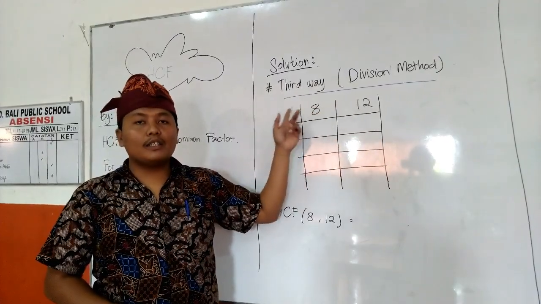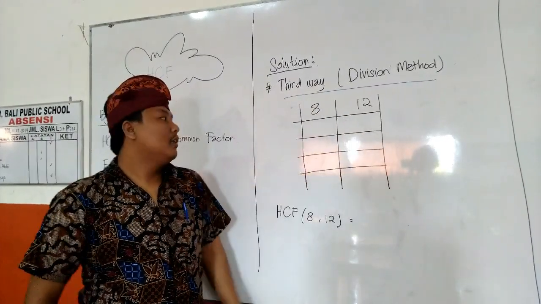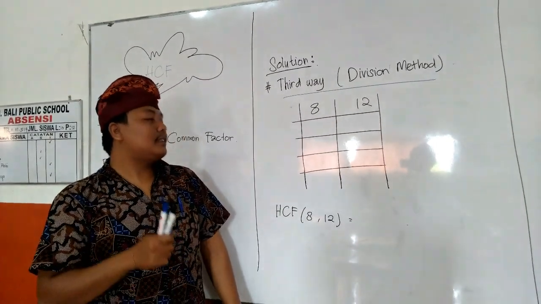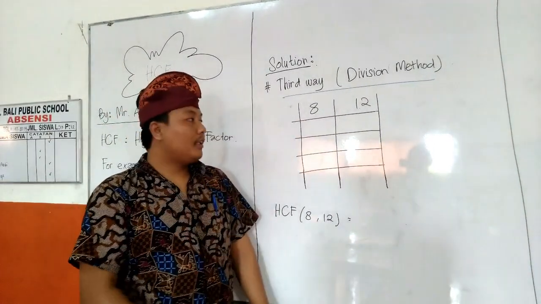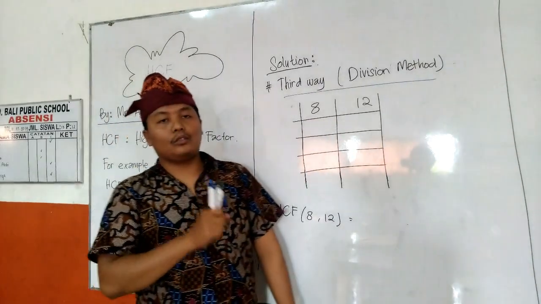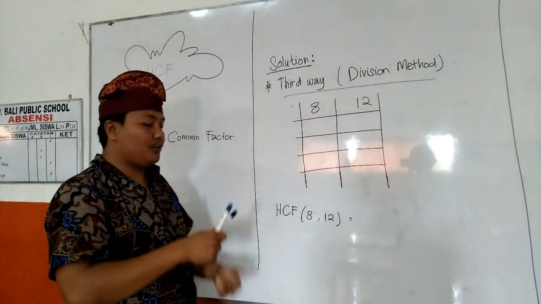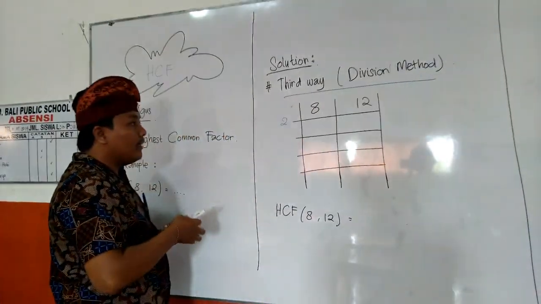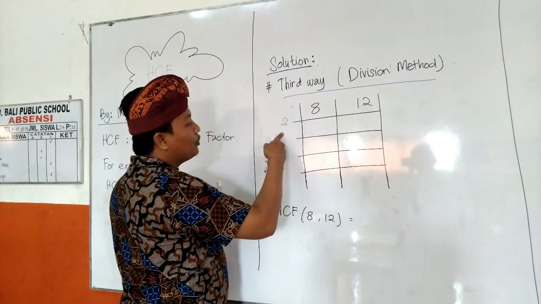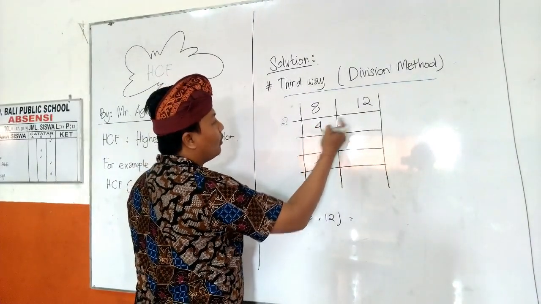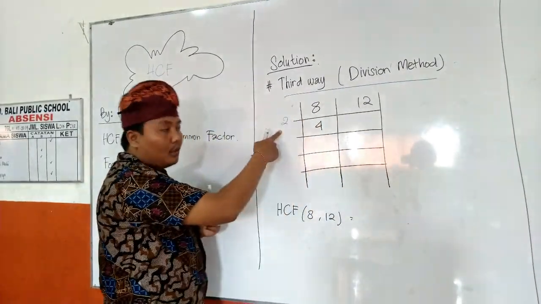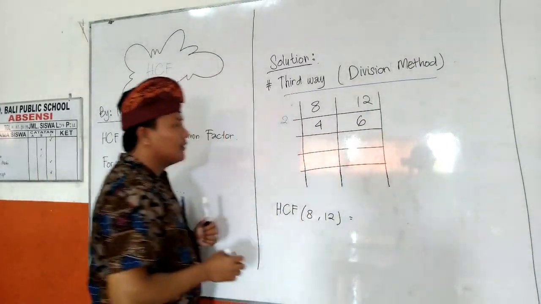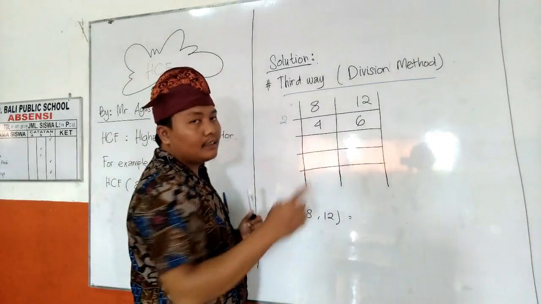Start from the lowest prime number. The lowest prime number is 2. 8 is divisible by 2 and 12 is divisible by 2. So we can use 2. Write 2 here. And then divide 8 by 2, the result is 4. Divide 12 by 2, you also get 6. And then you have 4 and 6 now.